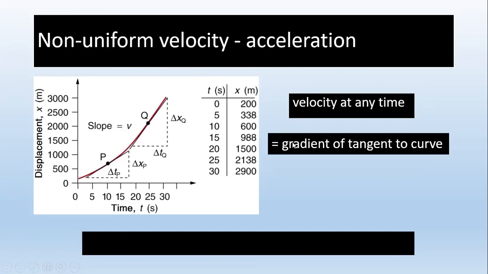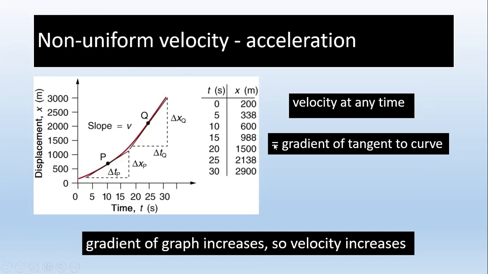To find the velocity at any time, we find the gradient of the tangent to the curve. The tangent touches the curve at that point, to find the velocity at point P or at point Q. We see that the gradient increases, so the velocity increases.